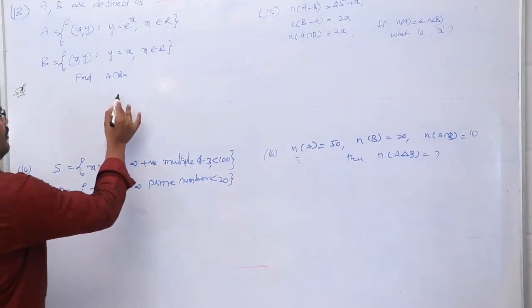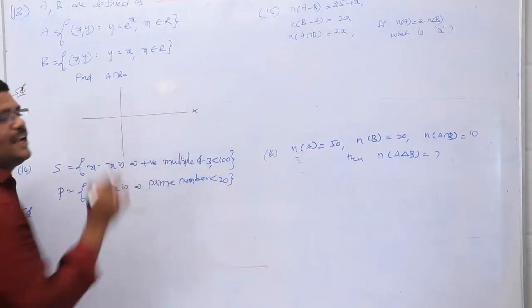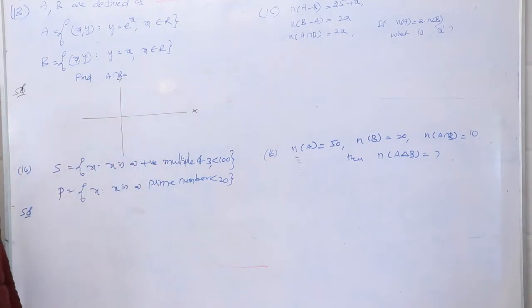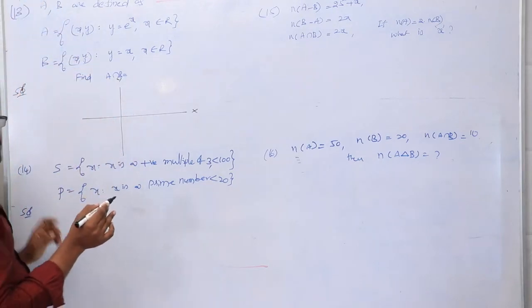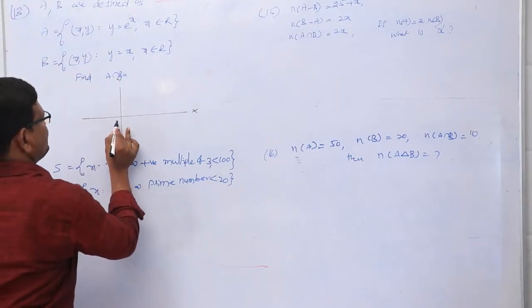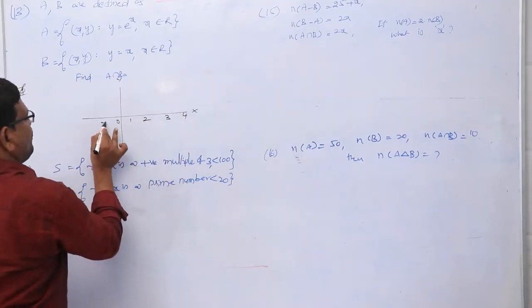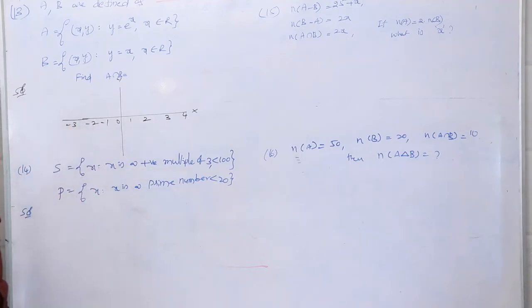What is a graph? Here, the horizontal line is called the x-axis and the vertical line is called the y-axis. How can you draw the graph y equals e to the power of x? This is 0, 1, 2, 3, 4, minus 1, minus 2, minus 3, like this.